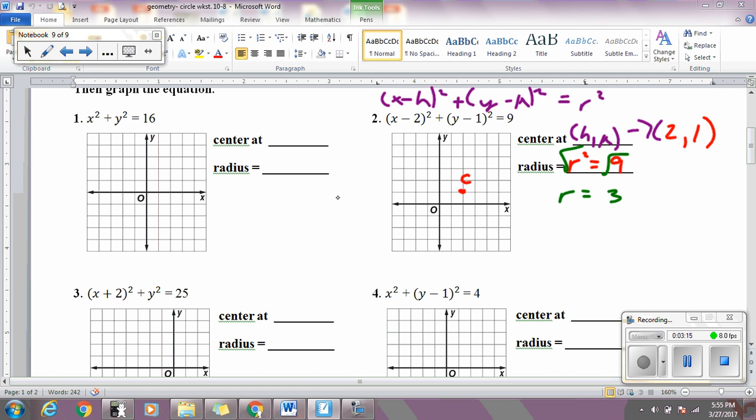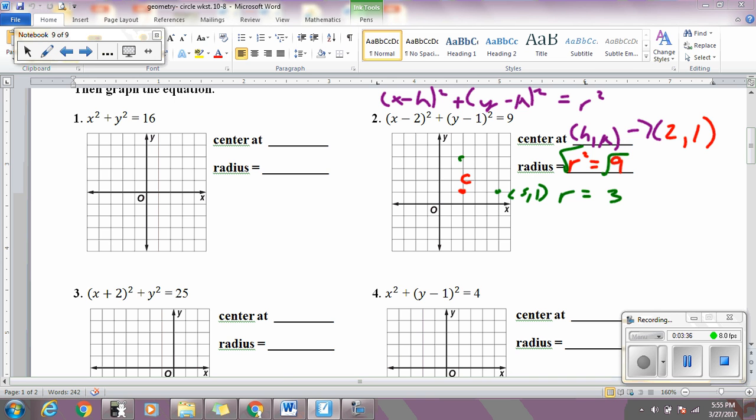Now from the center, I'm going to use the radius value, which is 3, to find other points. So let's go right 3. 1, 2, 3. I would end up here at 5, 1. Go 3 up.